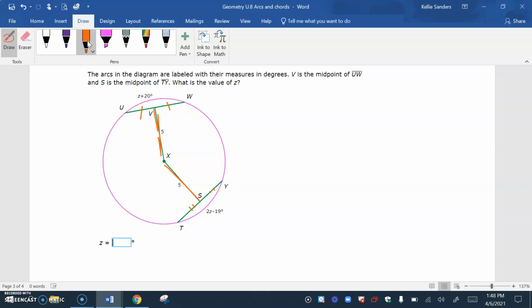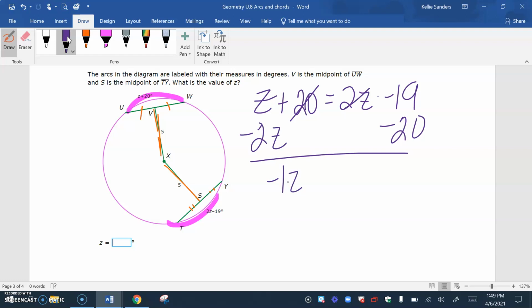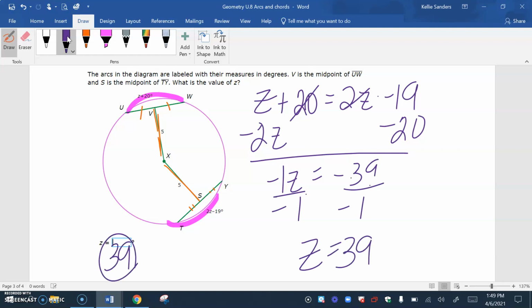Since both of those lines are equal, then everything else is going to be congruent to itself. Thus, this and this are going to be congruent. So Z plus 20 equals 2Z minus 19. Subtract the 20. Subtract the 2Z. Negative 1Z equals negative 39. Divide by negative 1. Z is 39. Are we looking for Z? Yes. So we'd be finished.